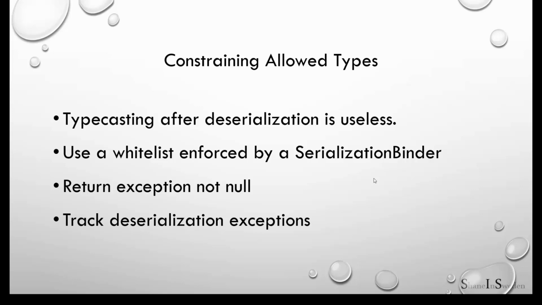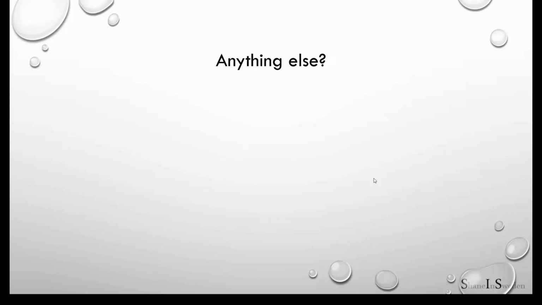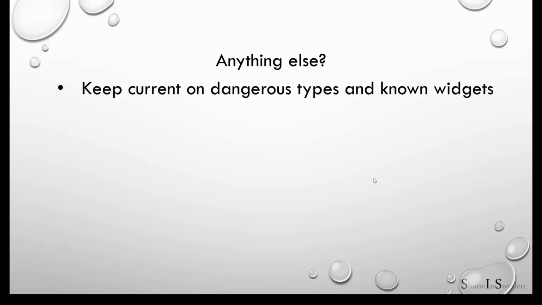Okay, so if we look at our three mitigations there, protecting our stream, making sure we're choosing the right deserializer and handling it properly, and constraining our types, is there anything else we can do? Well, obviously it's good to keep current on the known RCE gadgets that are available.